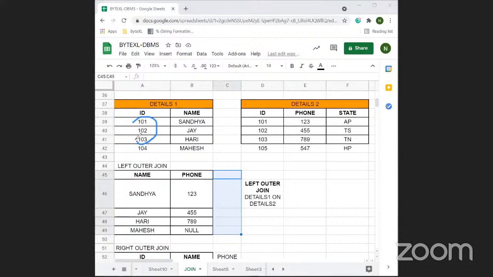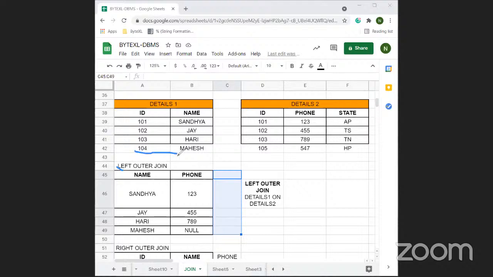We have first three common values, like what happened in natural join. Same thing should happen here as well. So the first three values are copied normally. But since it is left outer join, the stress is on left side. That means left side table, all values has to be taken.